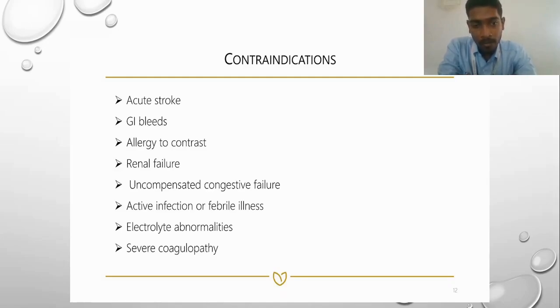And then electrolyte imbalance. Electrolyte abnormality is nothing but sodium, potassium, and creatinine levels may be abnormal. The patient cannot have other procedures like cardiac catheterization, PCI, okay, and severe coagulation.